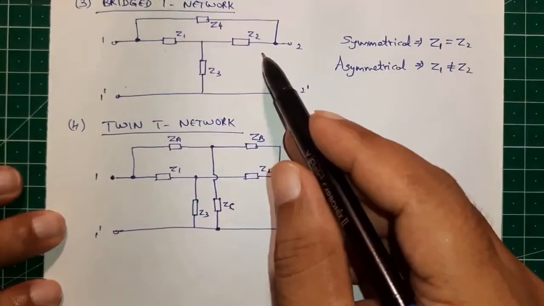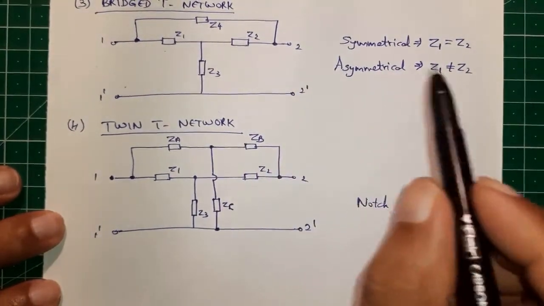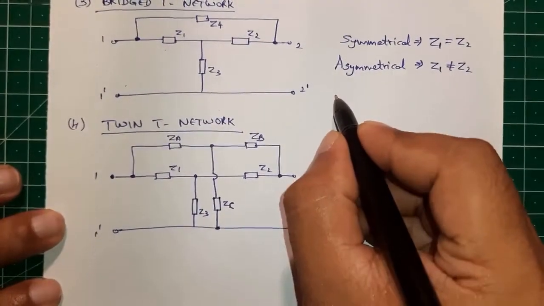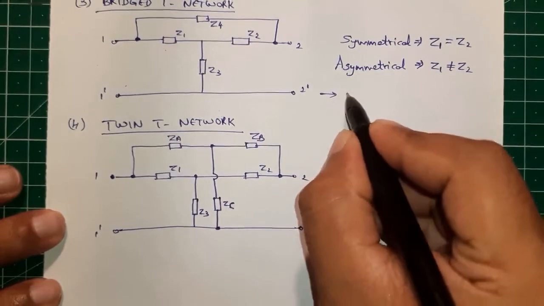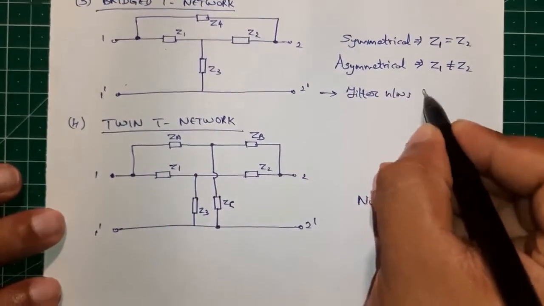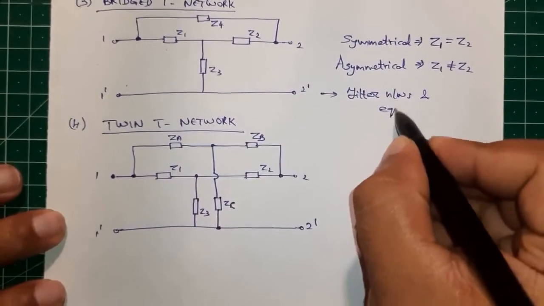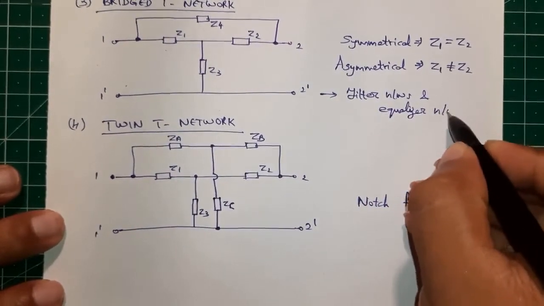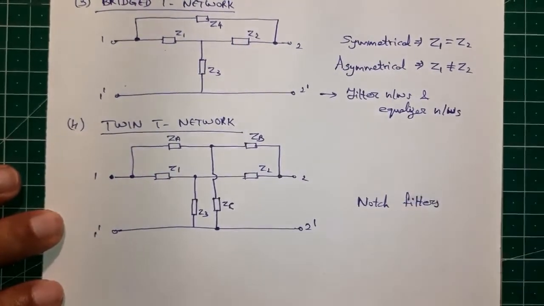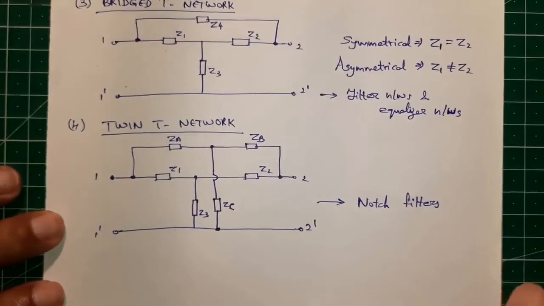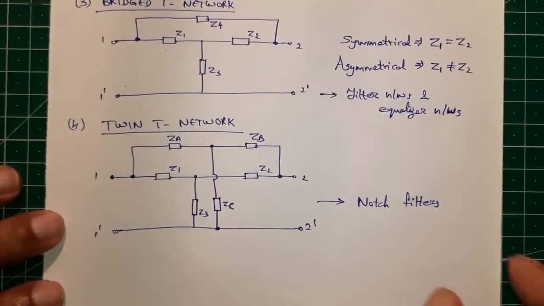And a bridged T network is generally used for filter networks and equalizer networks, that is, power compensation equalizer networks. The twin T is used for the design of notch filters. We'll see this when we come to unit 2.